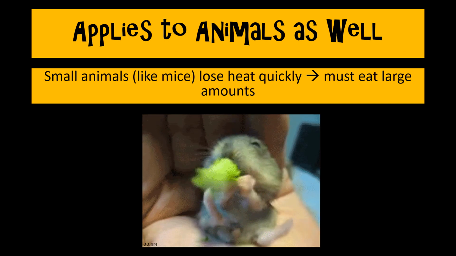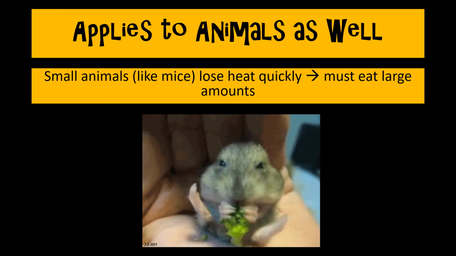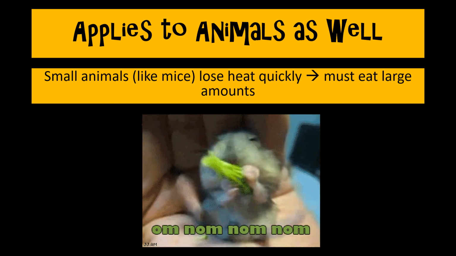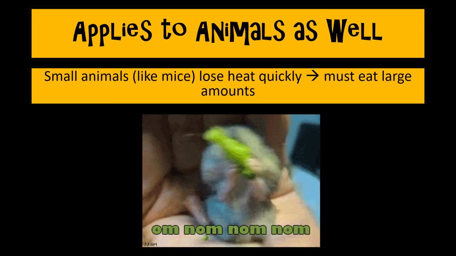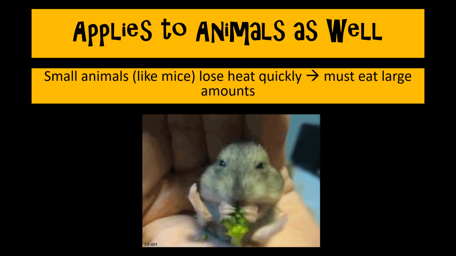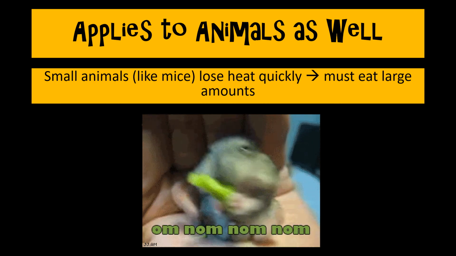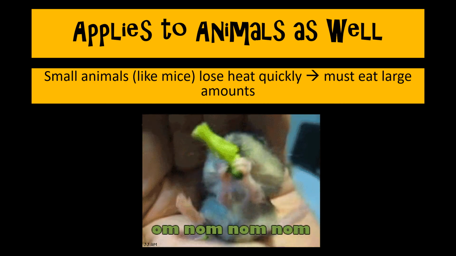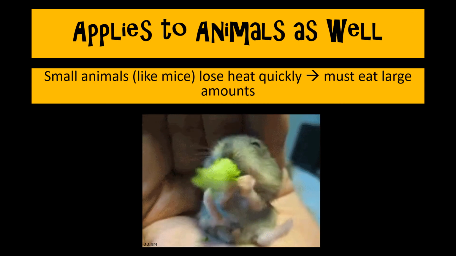We said small animals are more efficient. They can exchange materials and heat with their environment relatively quickly, but that causes smaller animals to lose heat very quickly. To compensate, they eat large amounts of food. When they do that, they can break down their food, release that heat, and warm their bodies.